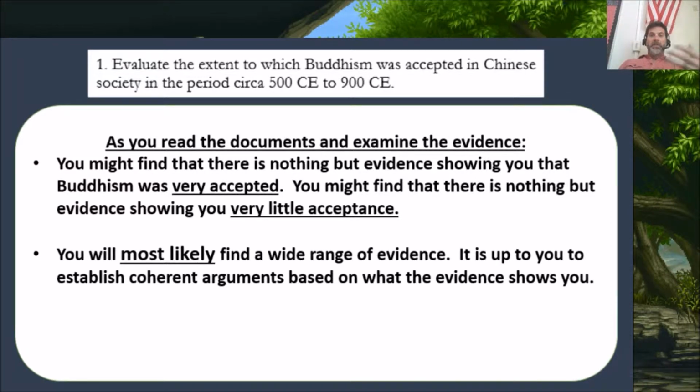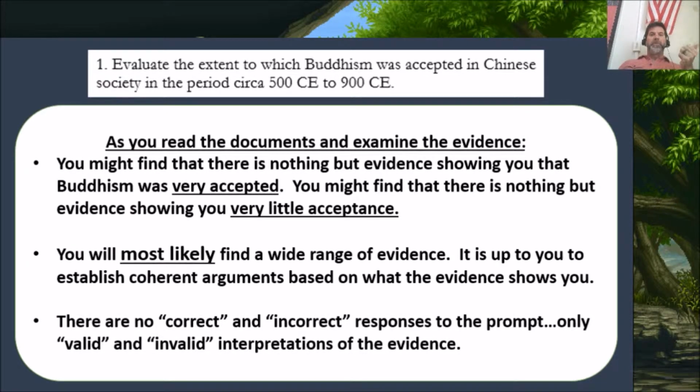It's up to you to establish coherent arguments based on what the evidence actually shows you. You might find a lot of evidence for one particular argument, but you'll probably find a wide range of evidence covering a lot of acceptance to very little acceptance, and you'll need to think about the reasons why this was happening.